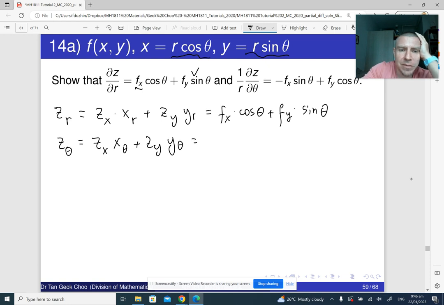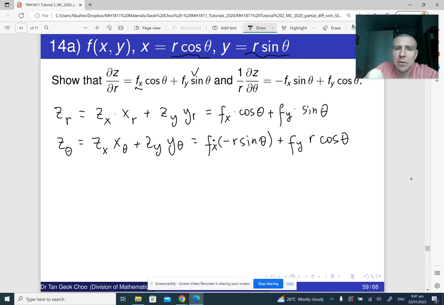Instead of zx we write fx times x theta, which is minus r sine theta, plus fy times the derivative of y with respect to theta, which is r cosine theta.